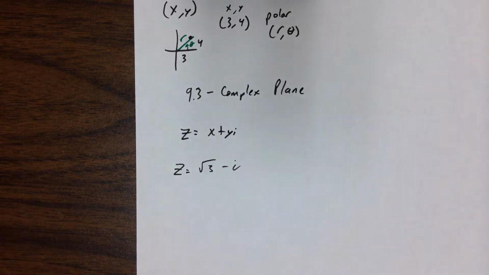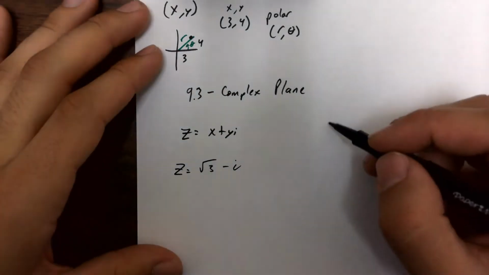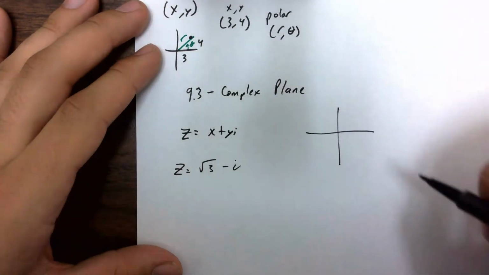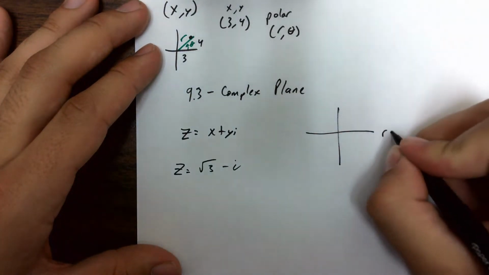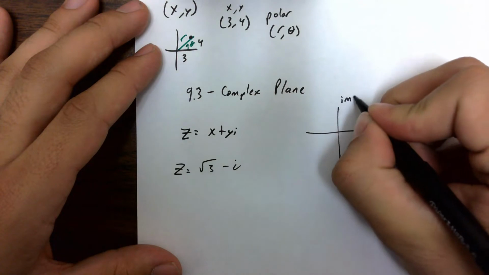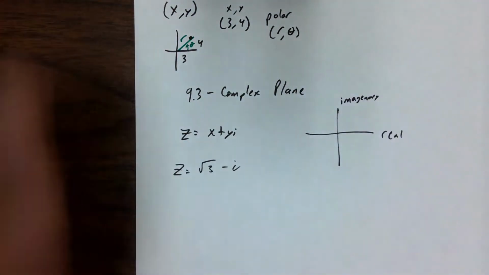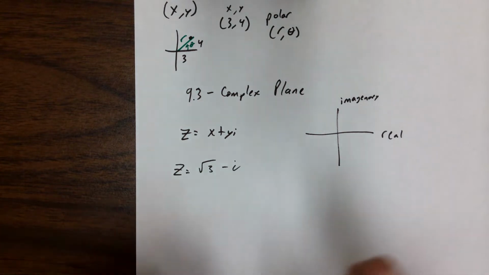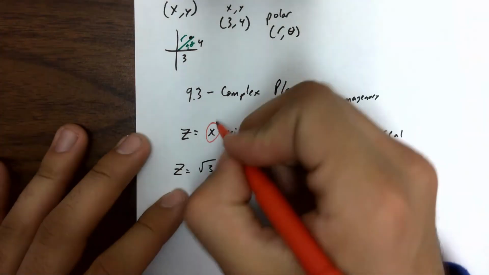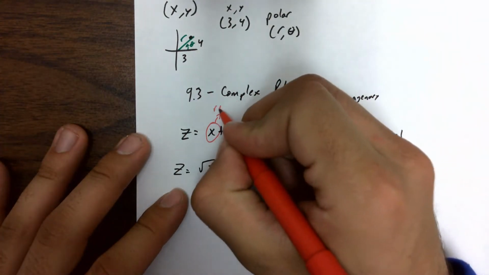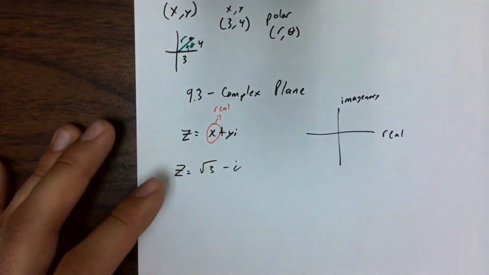I can graph this on the complex plane. Remember, this is the real part. This is the imaginary. In the complex plane, the first number, the one without the i, that's the real piece.